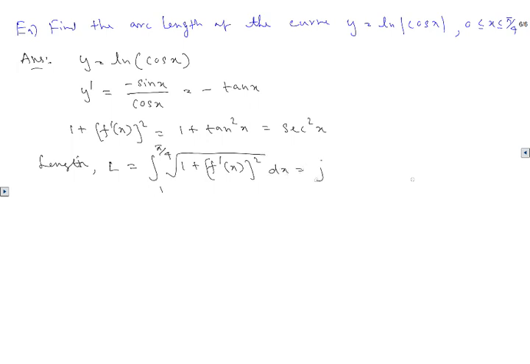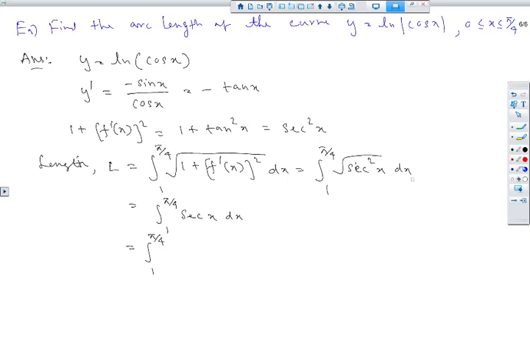So that means it is the integral from 0 to pi over 4 of the square root of secant squared x dx. This is the absolute value of secant, but it is positive, so you can just say secant x dx.